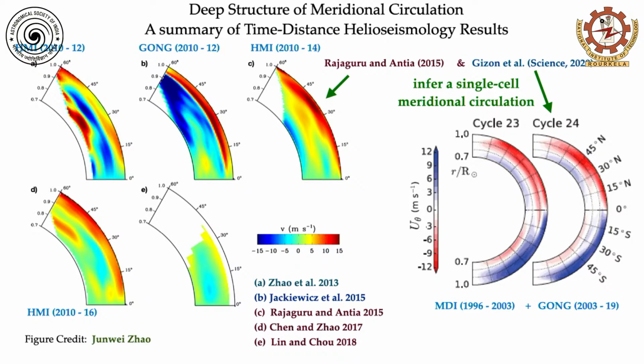So the jury is still not out; there is still no confirmation that the other teams can reproduce this. There is still a disagreement among researchers about what really is the structure of the meridional flow deeper in the interior. So we have formed at least 3 of these teams, except the team which produced the single cell. All of us are together now, exchanging our measurements to really find out what is going on.